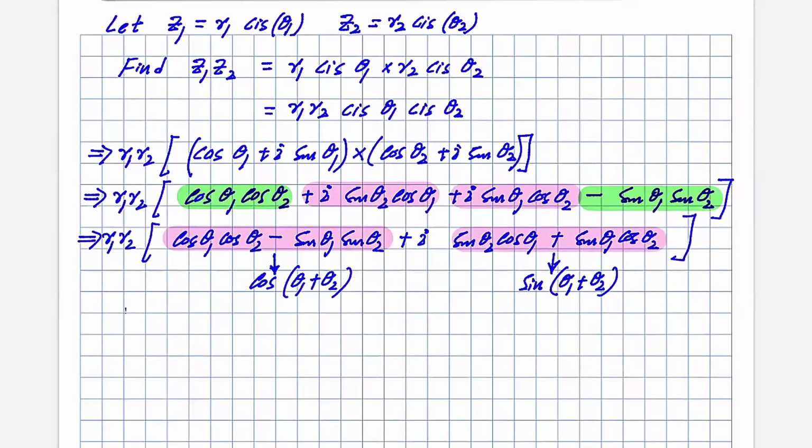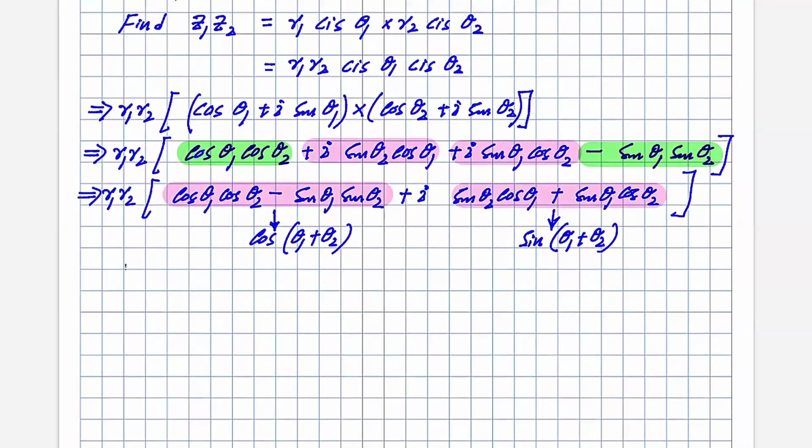So what you have finally is R1, R2 cos theta 1 plus theta 2 plus I sine theta 1 plus theta 2.